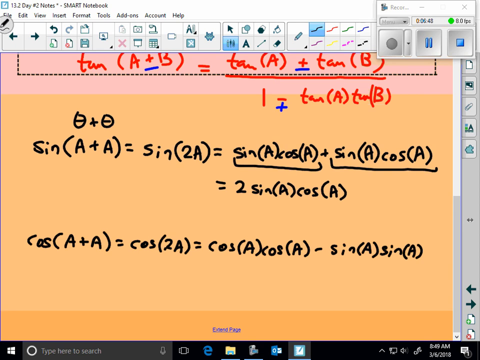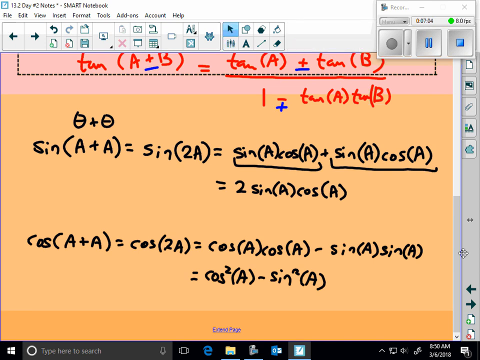That looks to me to be cosine squared A minus sine squared A, and it doesn't get any simpler than that. So that's our identity: cosine of 2A is cosine squared A minus sine squared A, and sine of 2A is 2 sine A cosine A.